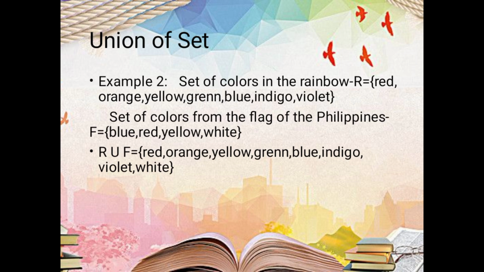So R is equal to red, orange, yellow, green, blue, indigo, and violet. And the set of colors from the flag of the Philippines. So F is equal to blue, red, yellow, and white. So R union F is equal to red, orange, yellow, green, blue, indigo, violet, and white.